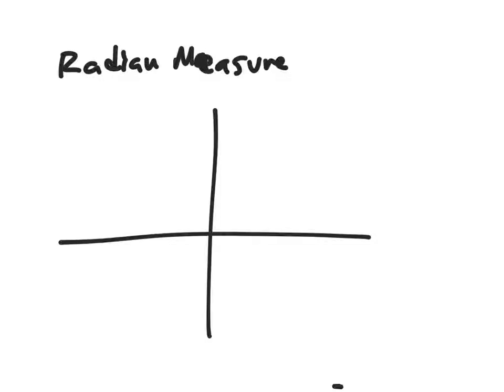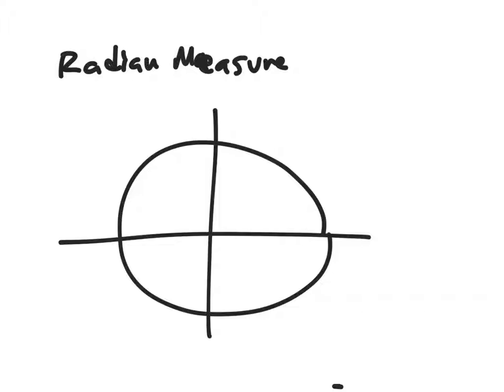Now let's take a look at radian measure using 30 degrees. On the last one, we did radian measure using 45 degrees. So let's draw a circle, and I like to do it on an axis.